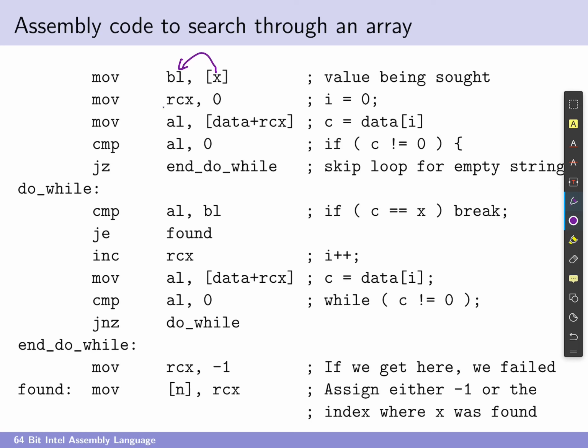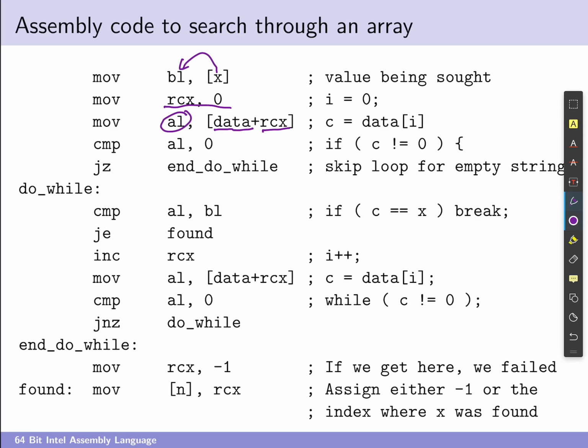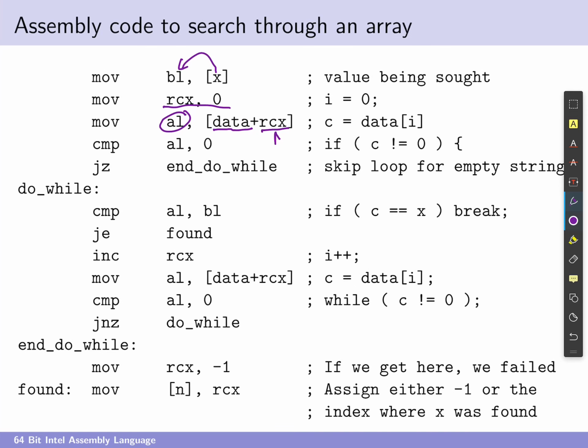I'm going to use RCX to specify my count variable. So I'm just simply setting it to 0. Then I'm going to set AL to be my first element of my character array. And the way in which I do that is simple. I simply say dereference the location data. So remember we have that address plus RCX. Now remember RCX contains the index we're looking at, and because each element of this array is actually only 1 byte in size, we simply just need to use RCX directly.